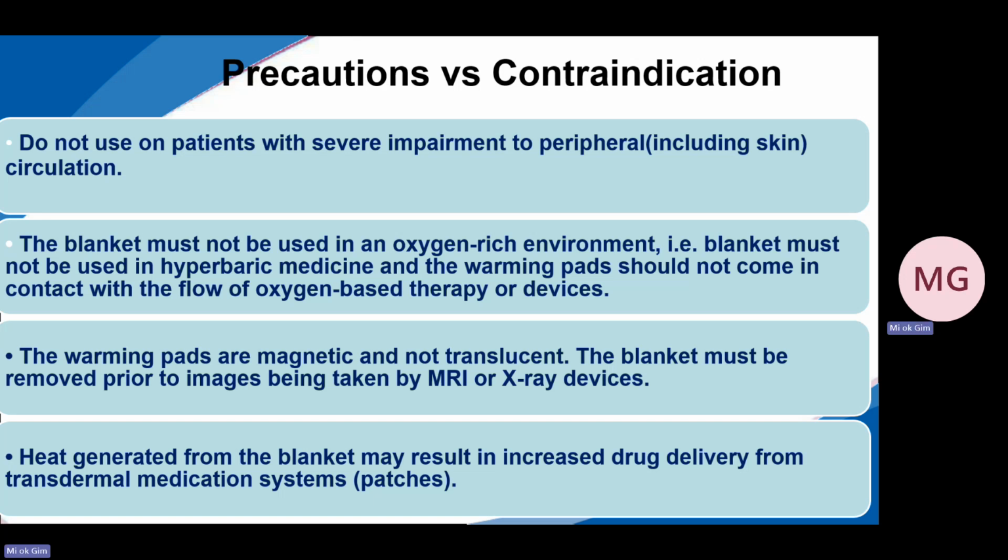And these warming pads, we shouldn't use with MRI or X-ray, so patients shouldn't go with this blanket. Especially, we have to watch out for patients who have pain patches or Parkinson's patches, which increase the drug delivery because of getting warmer and the circulation being faster. So we shouldn't use it.